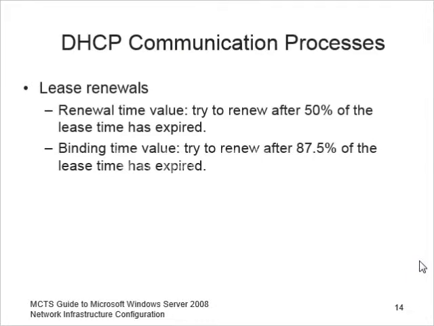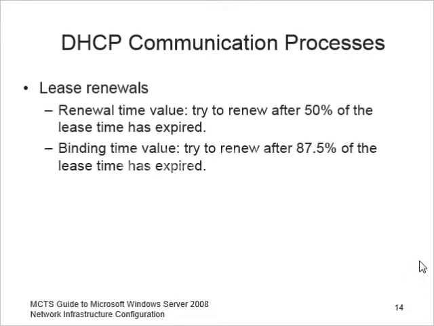A DHCP client first attempts to reacquire its lease at half the lease time, which is known as T1. The DHCP client obtains the value of T1 from the DHCP ACK message that confirms the IP lease.